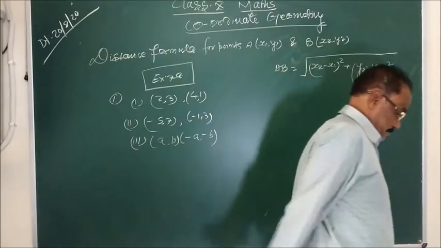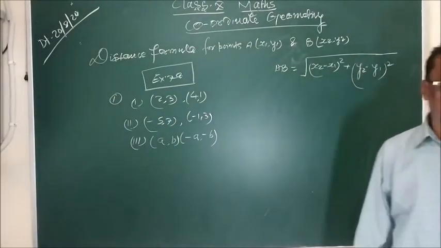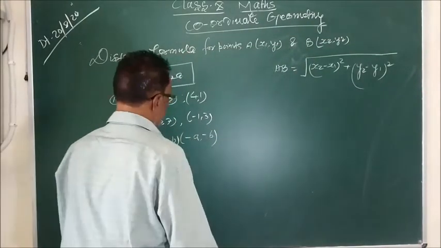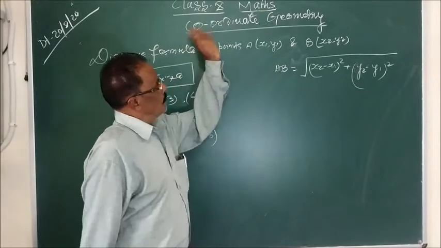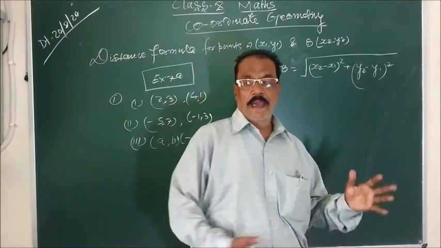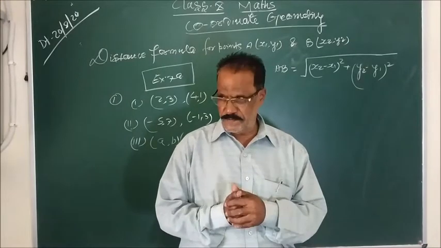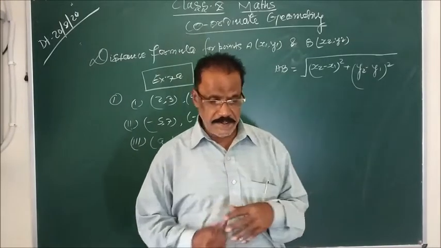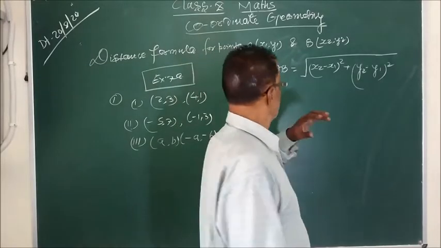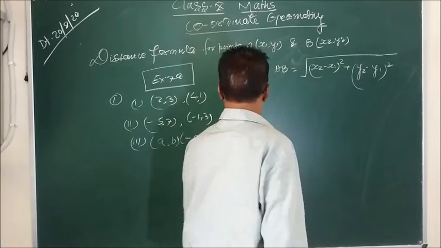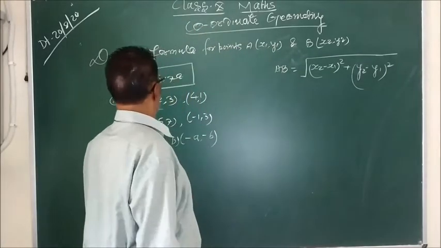Coordinate geometry. I have already started coordinate geometry and given the introduction, and I have also explained a few terms which are necessary to understand the questions and problems of this chapter, this exercise.